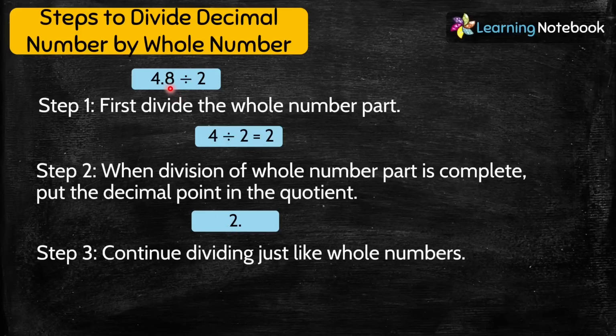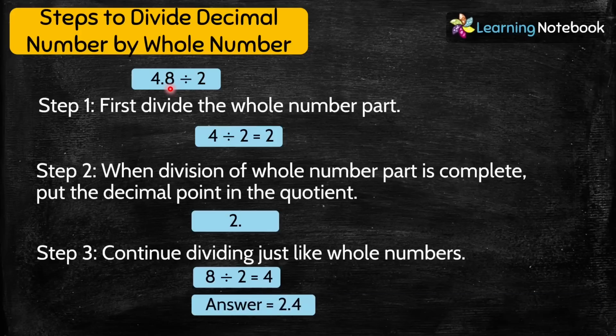Now students, we are left with decimal part which is 8. So we will divide 8 by 2 just like whole numbers. So 8 divided by 2 equals to 4. So now our answer is 2.4.